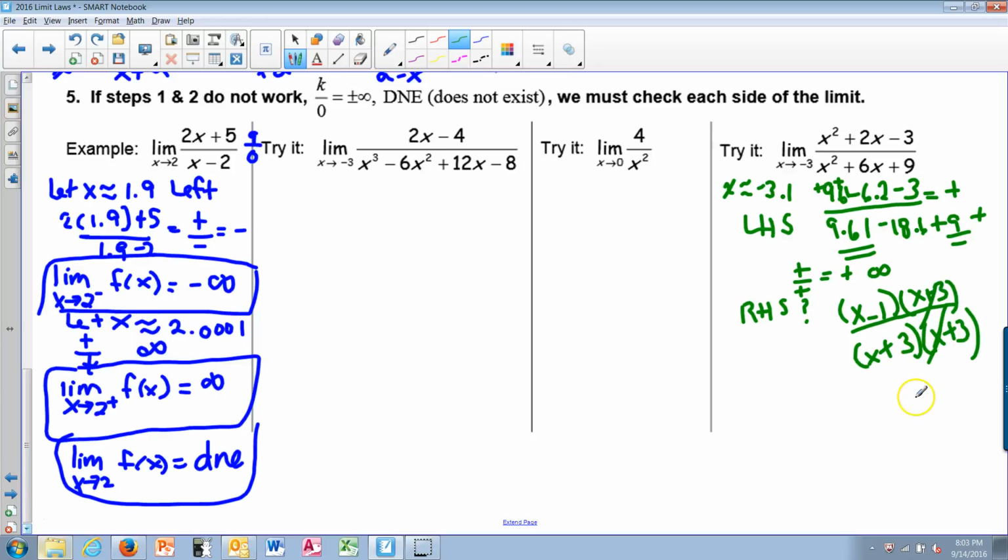First off, I can cancel out, but even if I couldn't cancel, this is much easier now to consider. If I look at this now, the negative 3.1 would be a negative over a negative, which is a positive.